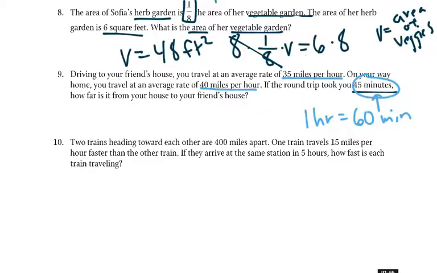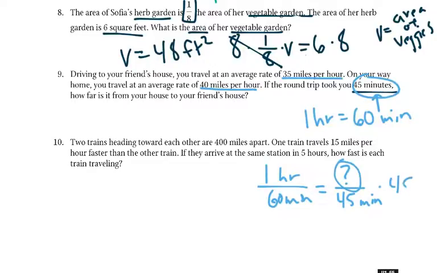We'd make a ratio. Okay, 1 hour over 60 minutes is equal to how many hours over 45 minutes? Okay, and then when we set things up like this, to get that by itself, we'd multiply both sides by 45. Okay, make it a fraction. 1 times 45 is 45.